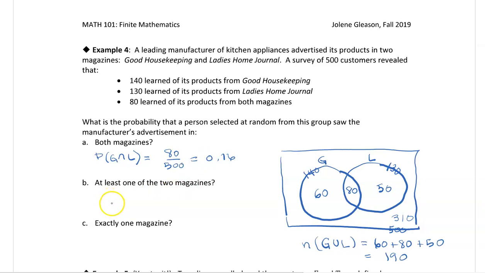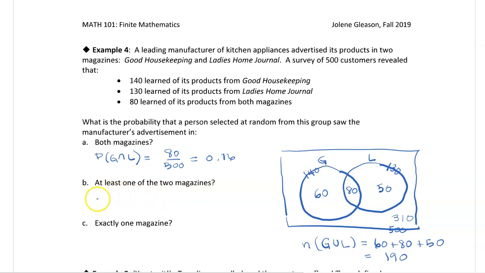The next question asks, what's the probability that they learned of the product from at least one of the two magazines? So either Good Housekeeping or Ladies Home Journal, but at least one can be both as well.